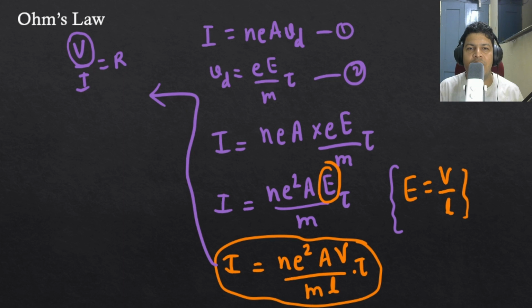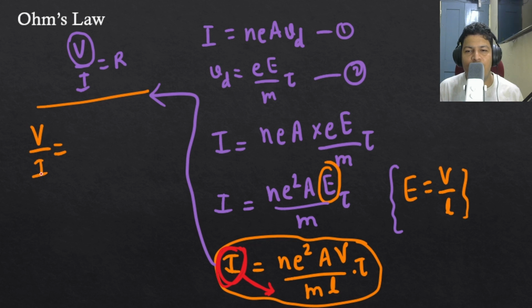Okay, let me just write this. So now I have this. Can I write V by I equal to, just by cross multiplication, we can get this V by I. You can pause the video and check how I'm writing V over I equal to mL over NE square A into tau.